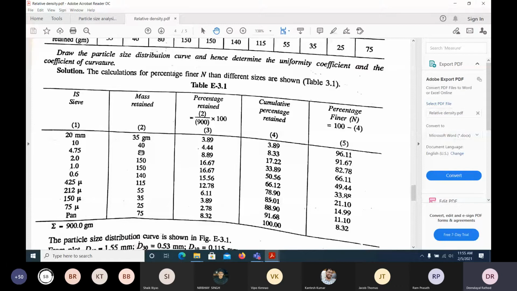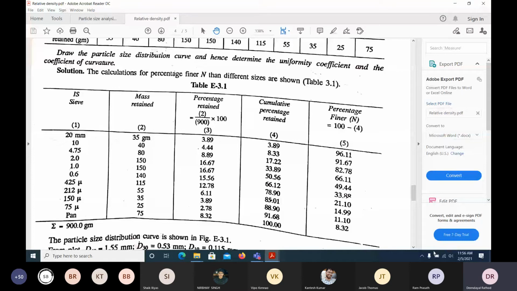So up to here it is sand, then what is retained on the 4.75 is gravel. This many grams of gravel, this many grams of sand, and this many grams of silt and clay. The 75 is silt and clay because this is deposited in the pan.